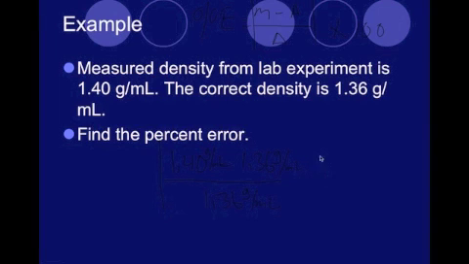But what we'll see is as we work this out, we will get a percent error of 2.94%. Anything below 10%, you did a very good job on the lab.